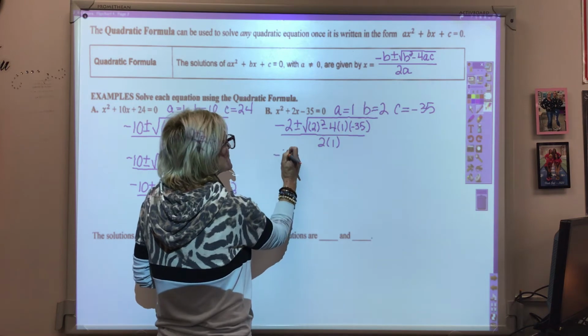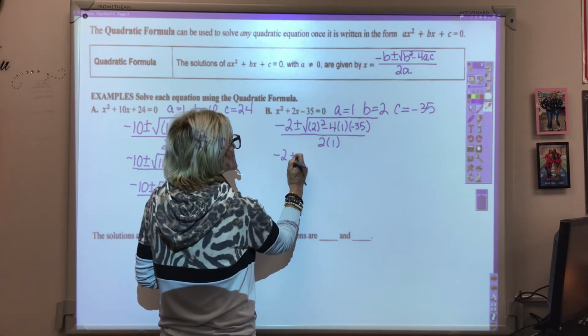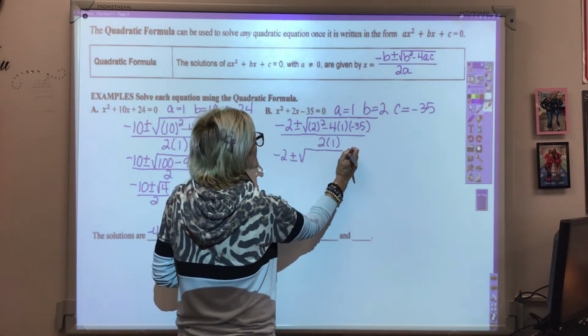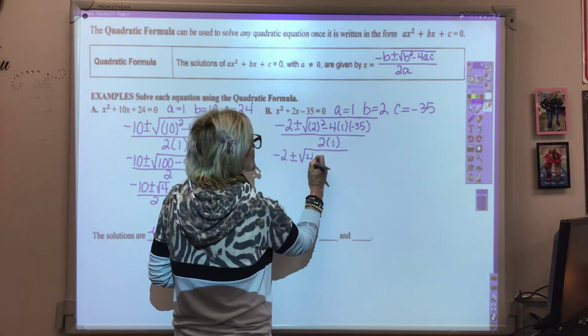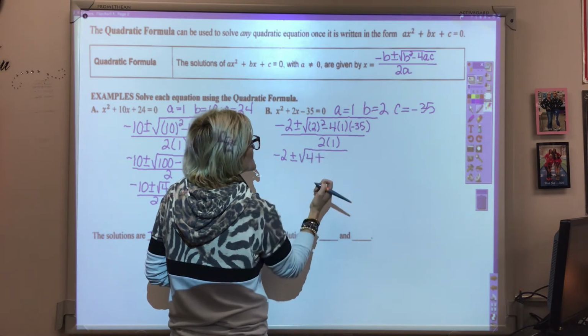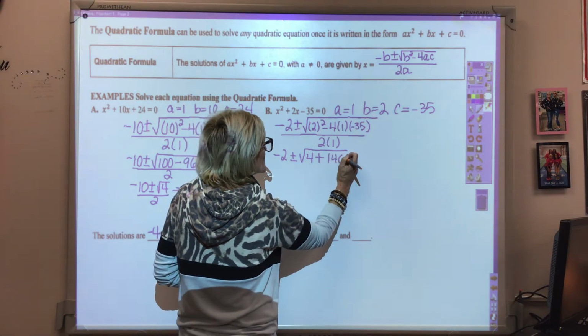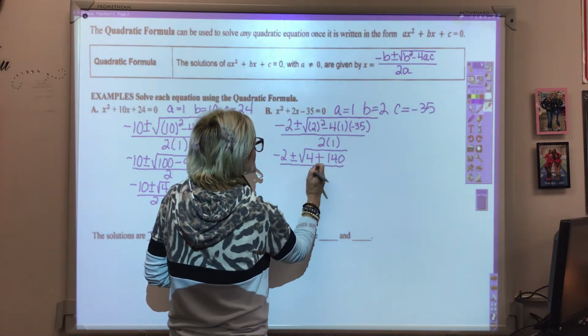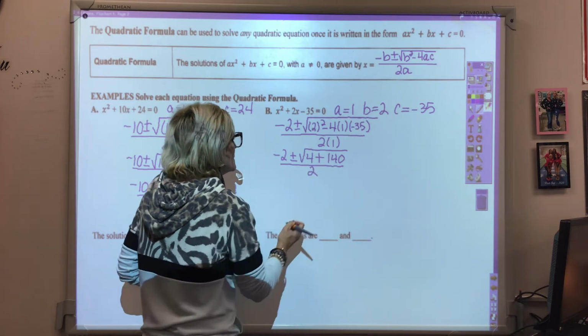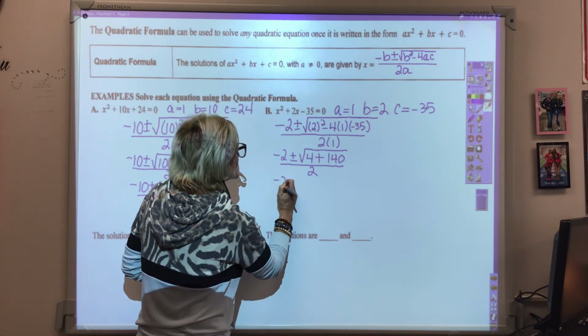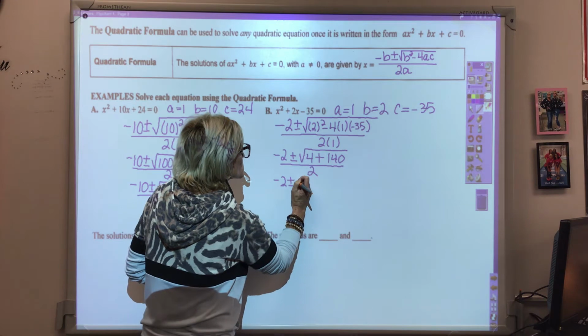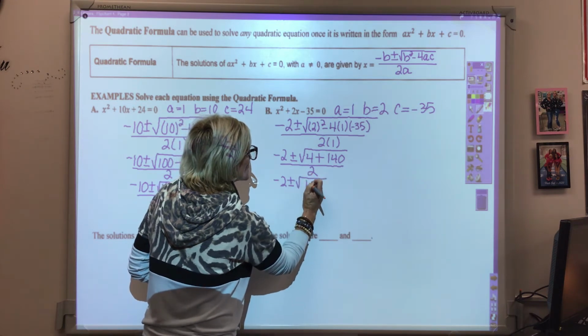So we'll have negative 2 plus or minus the square root of 4 plus, I believe that's 140, all divided by 2, negative 2 plus or minus the square root of 144.